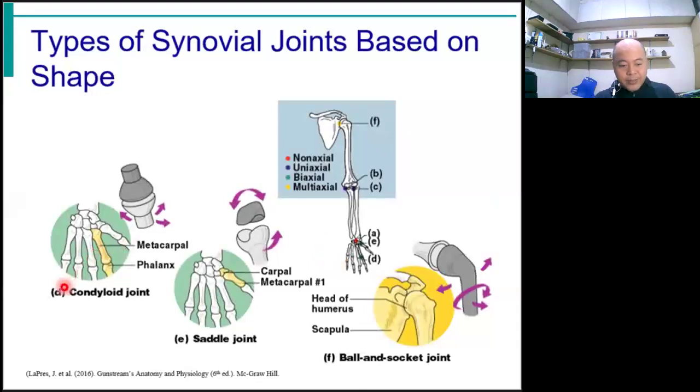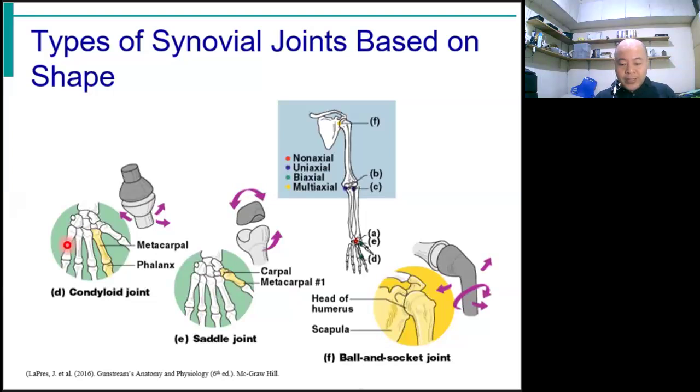Okay, so next, the fourth one, we have the condyloid joint. The example here is the joint between the metacarpal part of your hand and the phalanx, the finger. And so a condyloid joint has a rounded or oval protuberance of a bone received into an elliptical cavity.